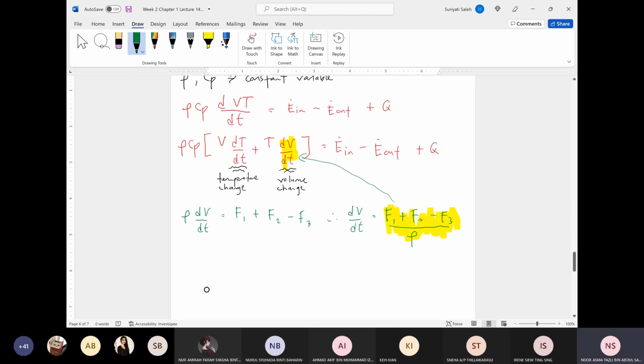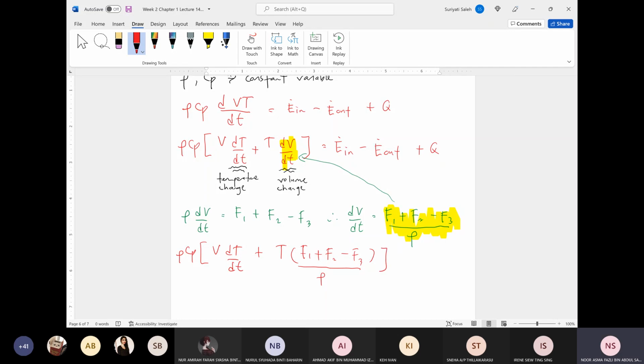So when we substitute it, your equation becomes rho Cp, open bracket, V dT/dt plus T times (F1 plus F2 minus F3) divided by rho, and we close the bracket.